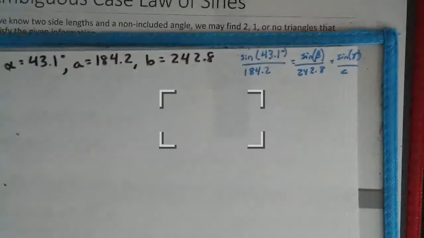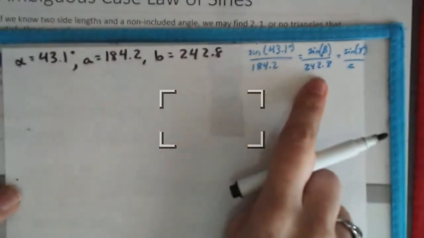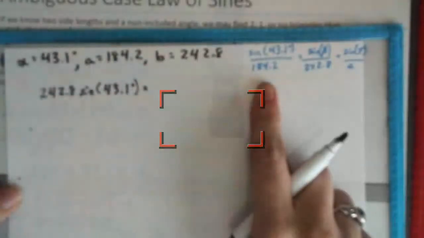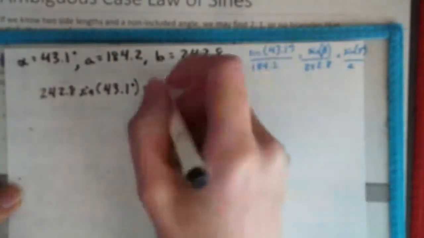If I use the first two, then I only have one unknown. It's going to be beta. So I'm going to use this first equals to help me solve for beta. Cross multiplying, I'm going to have 242.8 times the sine of 43.1 is equal to 184.2 sine of beta.